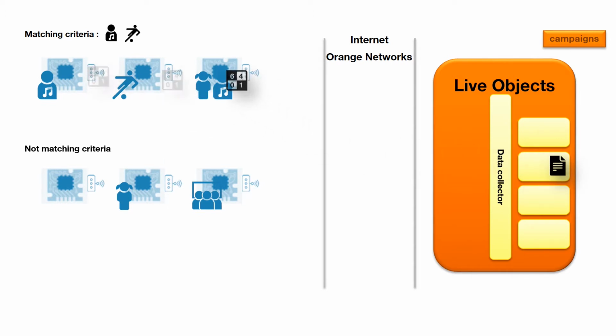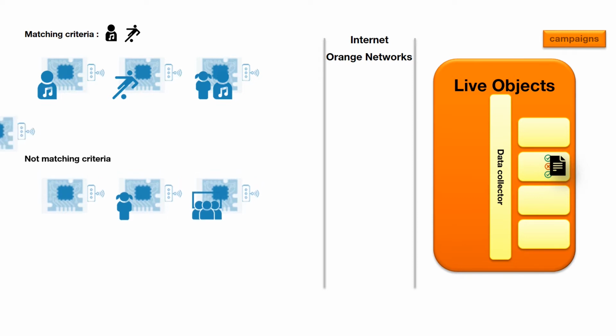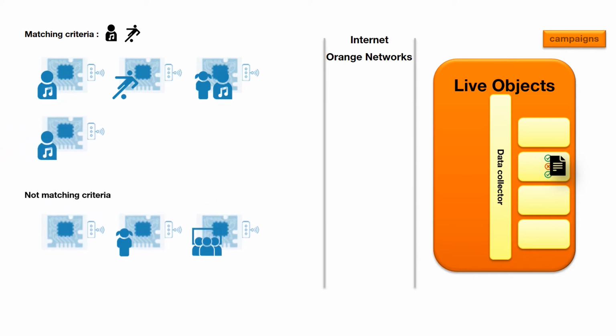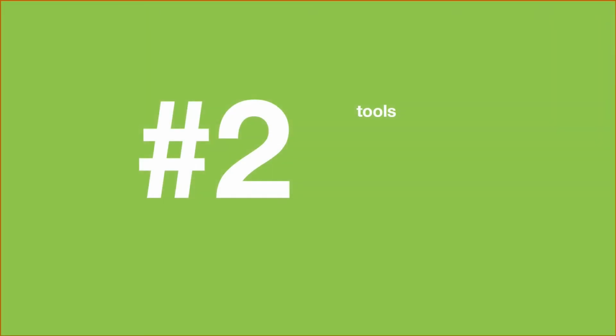Let's consider that I give 1 week for the campaign to complete. Now, what if a new music tagged device is added in the middle of the campaign? Well, in static campaigns, the new device will not enter the campaign, whereas dynamic campaigns will consider this device and send it the command.